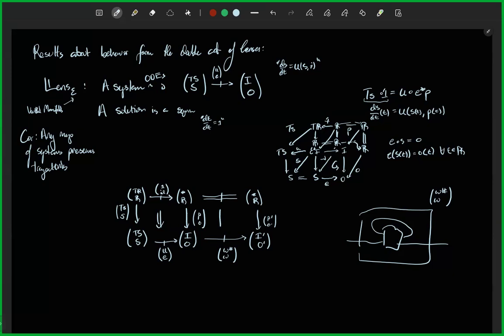And so now, if I have a square like this, then I get an outer square. And what is that outer square? Well, this is still one id, at least up to isomorphism.